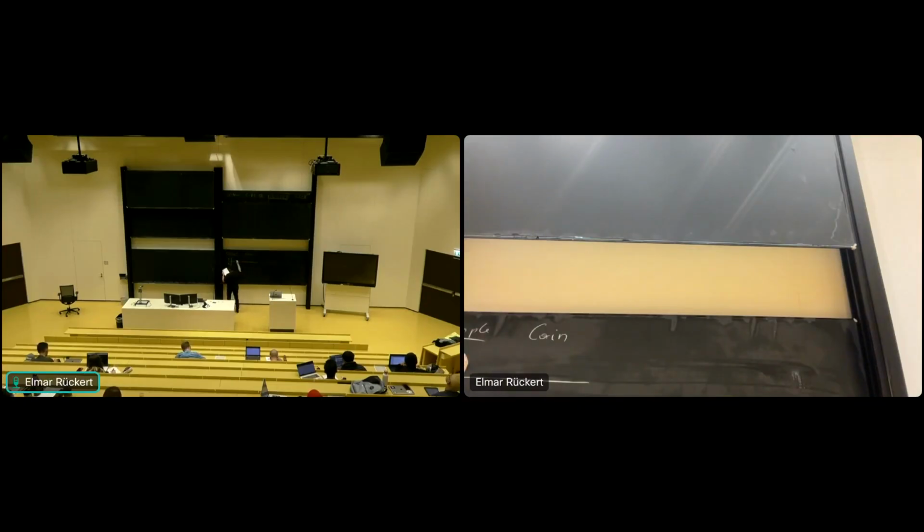And here are some magic numbers. First experiment, 30 times tails, 16 times head. Second experiment, 60, 34. 90, 51. And then we call this X, we call this Y. And our goal is now to model that.